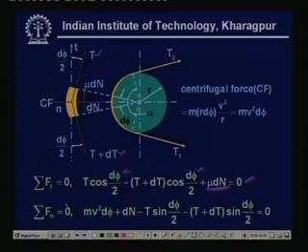And the second one, the summation of normal forces should be equal to 0. So, the centrifugal force in this direction is m v square d phi, as we have computed, plus dN, the normal force acting in the same direction, minus T sin d phi by 2, and also minus T plus dT sin d phi by 2, equals 0.